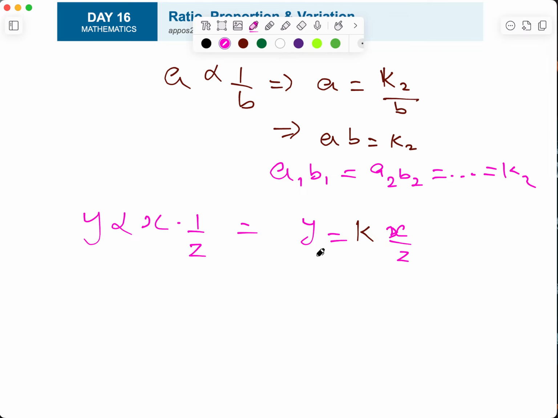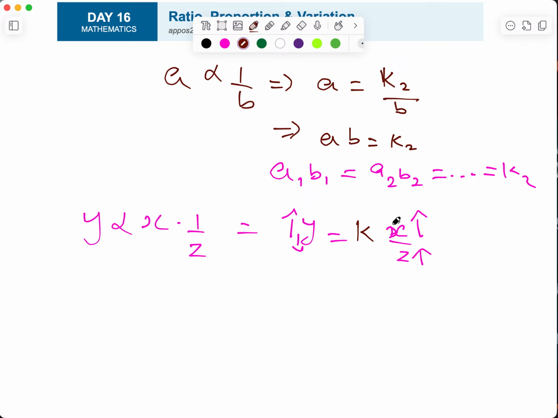So this means that y is being affected by two things: an increase in x and an increase in z. An increase in x will cause an increase in y, but an increase in z will cause a decrease in y. And so it depends on which one does more of the increase. If x increases greatly, then y overall will increase greatly as well.